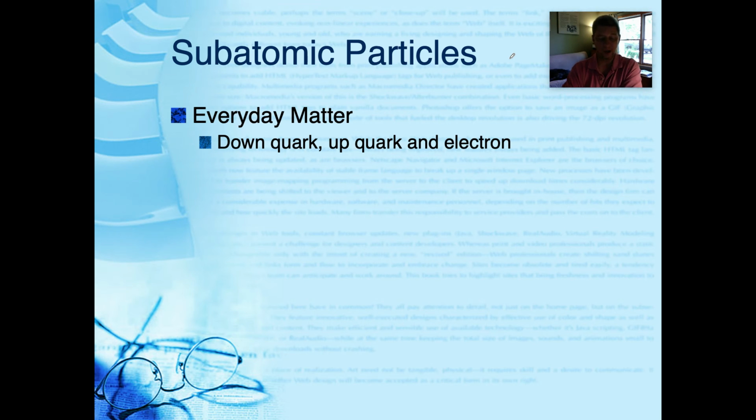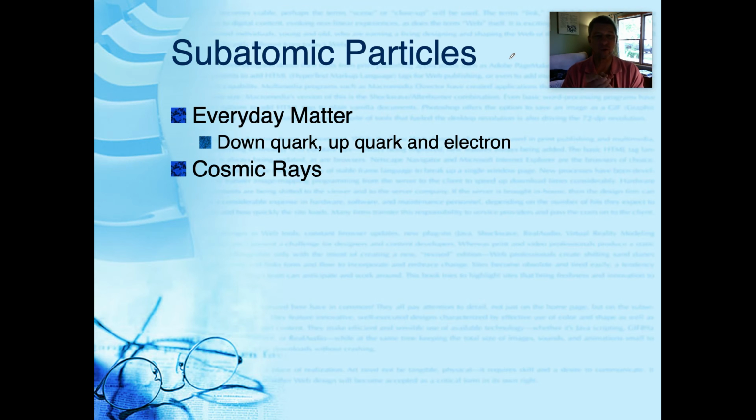So they're made of baryons and leptons. And you can figure out, again, what makes a proton, what makes a neutron, what makes an electron.